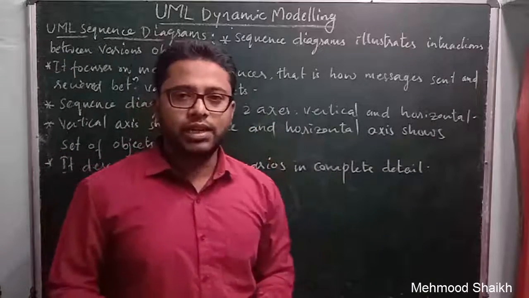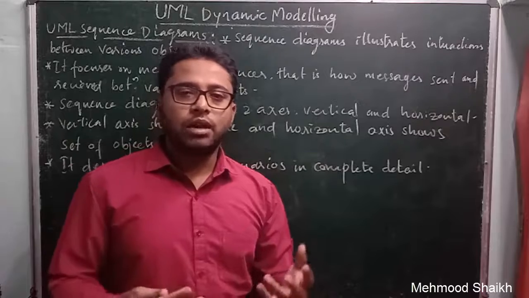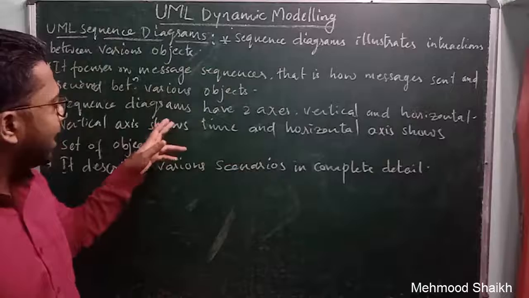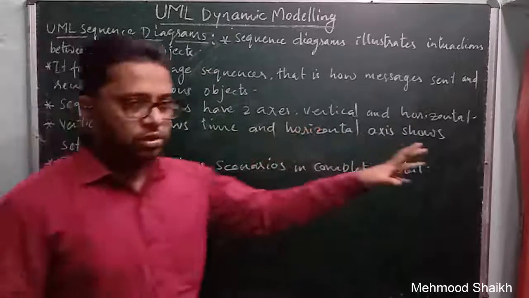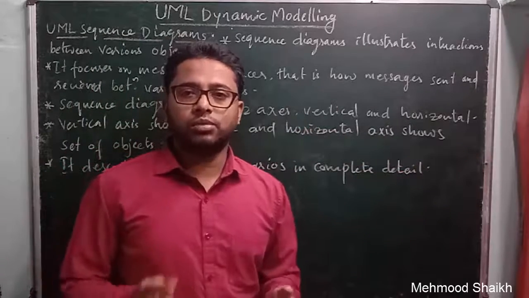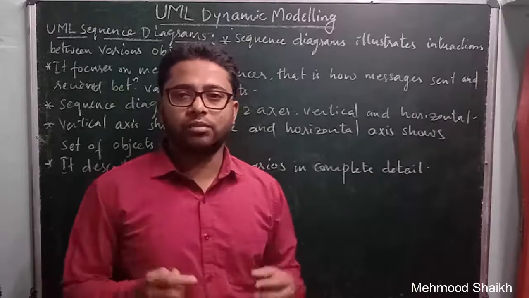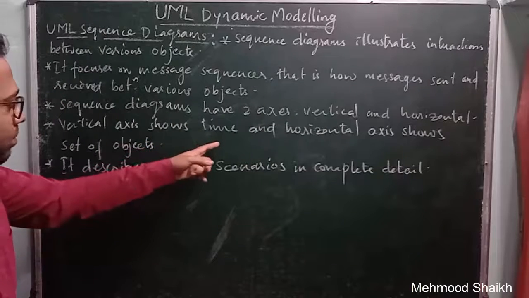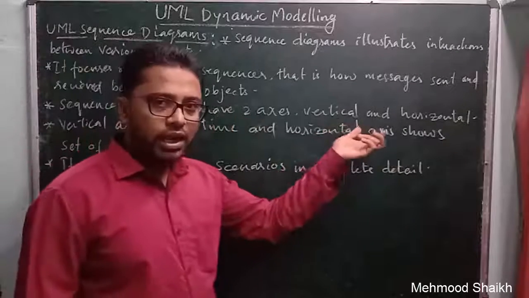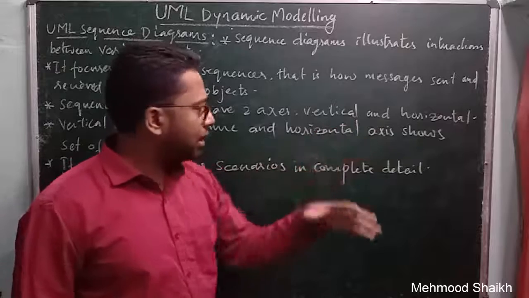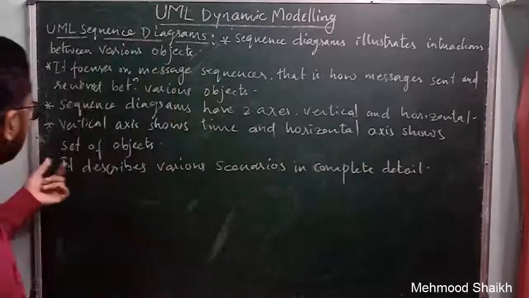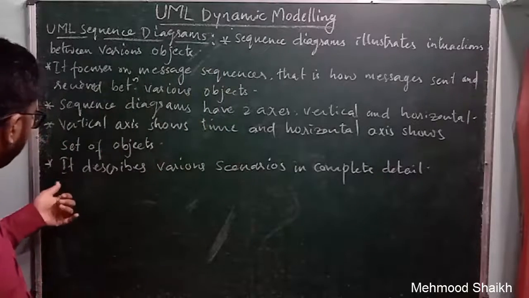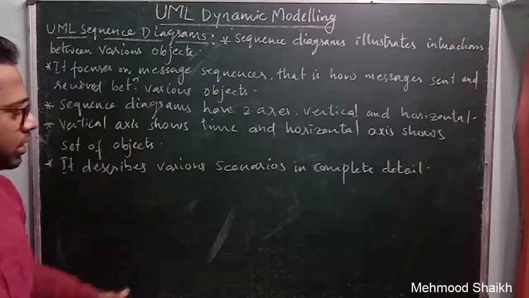While drawing sequence diagrams, we will be considering two axes, the vertical axis and the horizontal axis, and you will come to know properly when we draw a sequence diagram for an example. The vertical axis is used to demonstrate time, and the horizontal axis is used to demonstrate the set of objects.